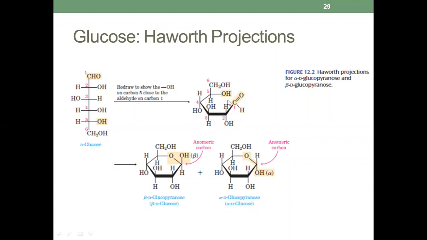And close to that, for them to react. So you have 1, 2, 3, 4, 5. The sixth one is not involved in the reaction, but the fifth carbon can be involved to form a 6-membered ring actually.